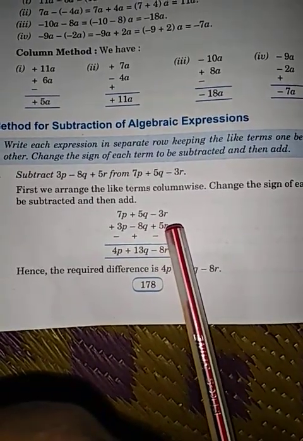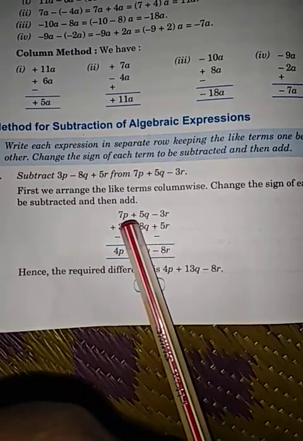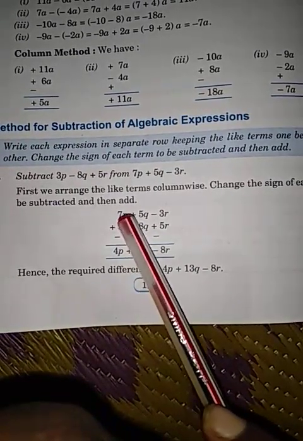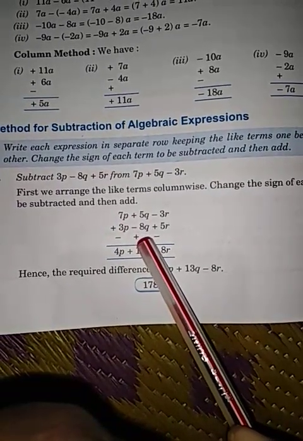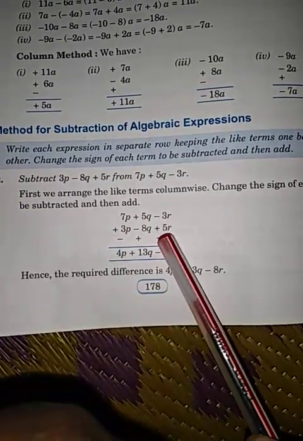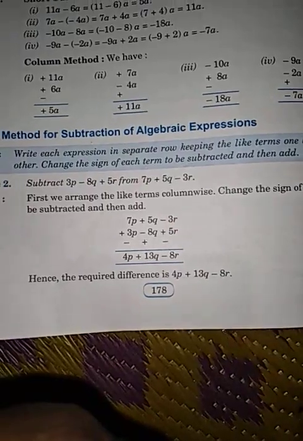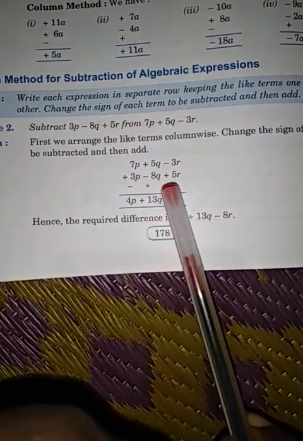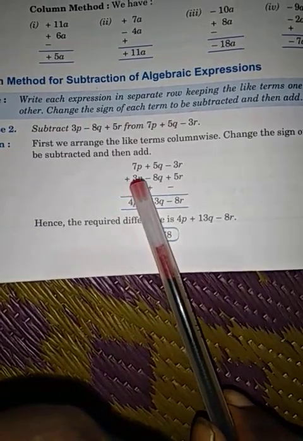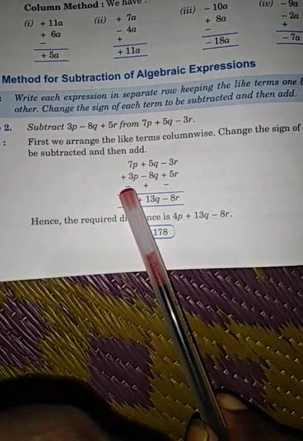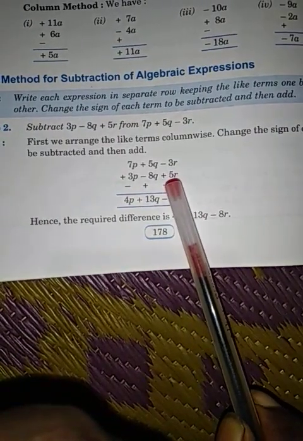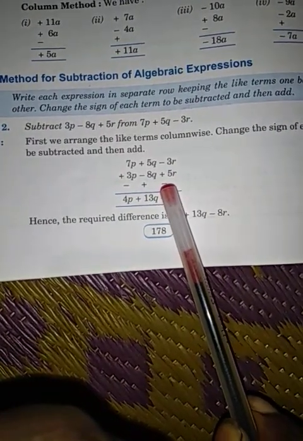Now we write the like terms one below another. So we write 3p below 7p, minus 8q below plus 5q, and plus 5r below minus 3r. Now the signs of the terms to be subtracted should be changed. So plus 3p becomes minus 3p, minus 8q becomes plus 8q, plus 5r becomes minus 5r.